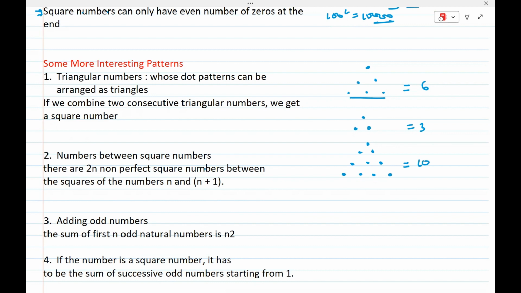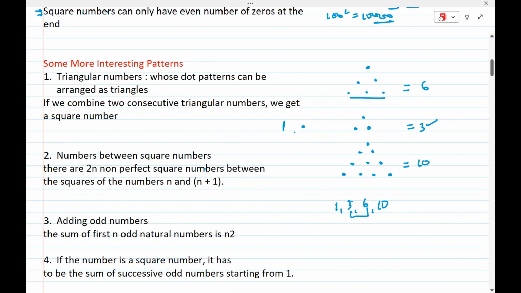If we combine two consecutive triangular numbers, the first triangular number is actually 1, because even 1 dot, imagine it, is just a dot, so that is also a triangular number. So 1, 3, 6 and 10 are triangular numbers. If we combine two consecutive triangular numbers, we get a square number.